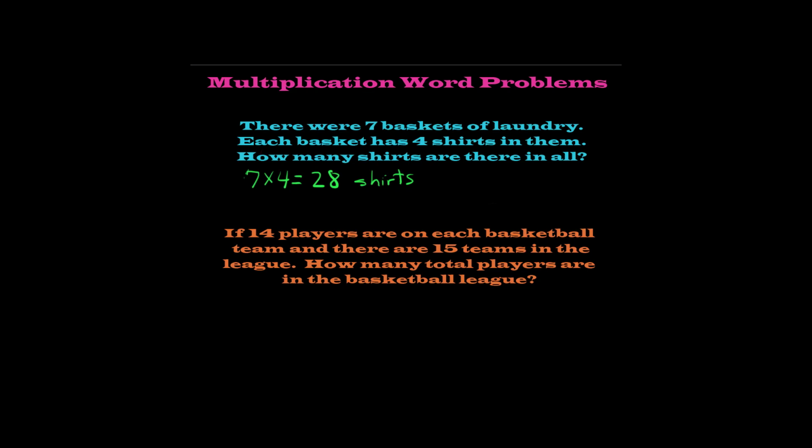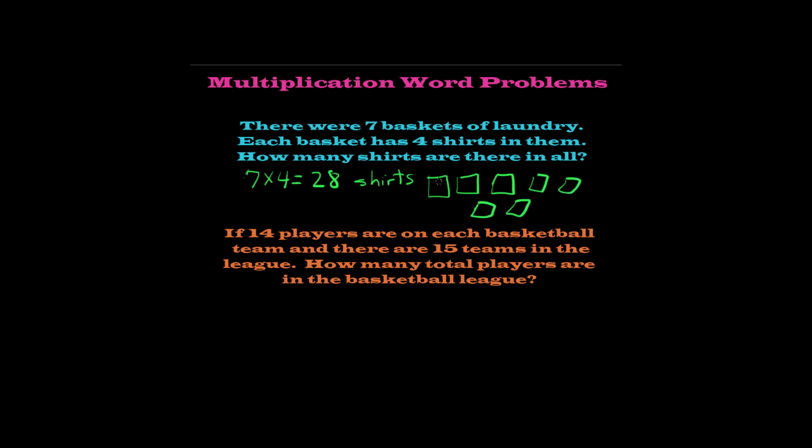Okay? But like I said, just to make an easier example here, let's do a picture. Now, do I want to draw 28 shirts? Probably not. But it would be easy enough just to draw some baskets. So we had 7 baskets. So 4, 5, 6, and 7.